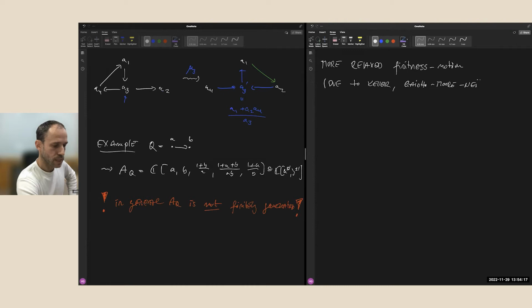And to obtain the way I will state it here, this also involves work of Derksen, Weyman, and Zelevinsky, and Plamondon, Demonet, and Keller.